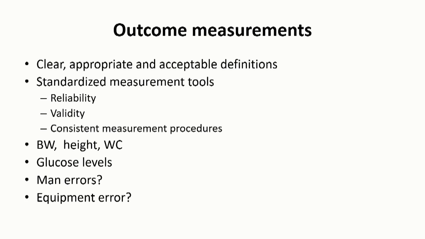You can't say something very broadly. In study design, you need to be as specific as possible. And you need to use standardized measurement tools. If you want to study body weight, you need to use the same weight measurement machine, and a blood pressure machine that has been cited as a standard machine.